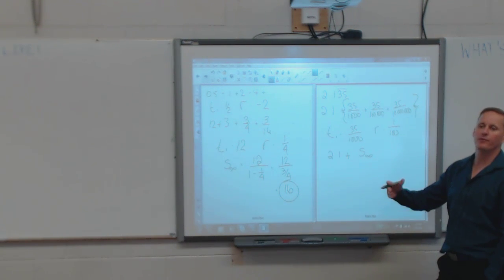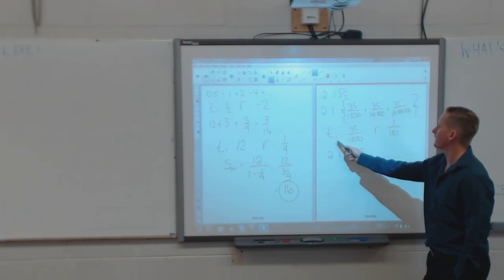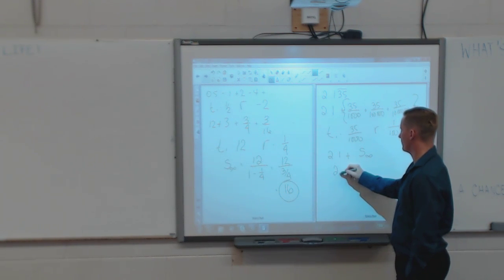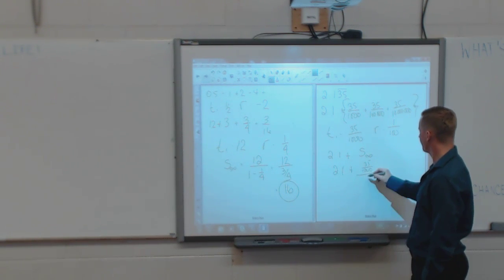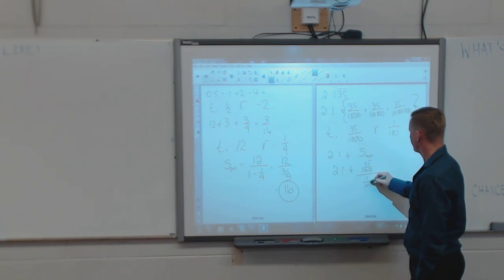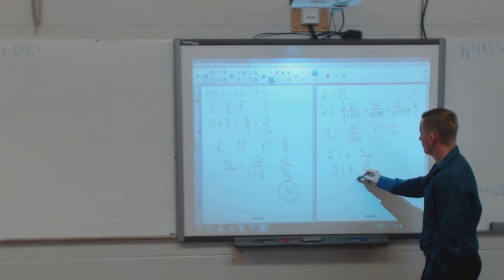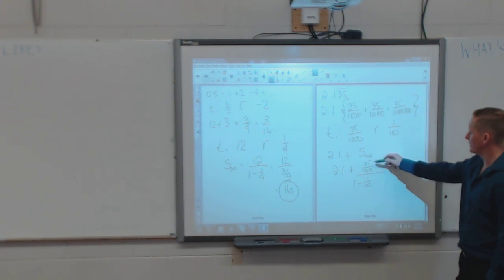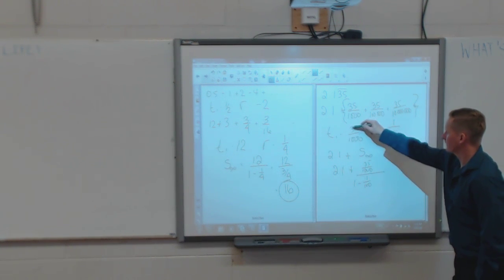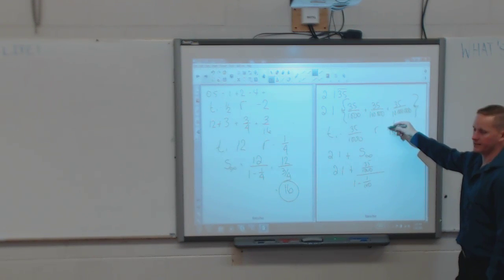So what they wanted to do is find out what the exact value is that this is going to converge on. So I've got 2.1, add my t to the 1, which is 35 over 1,000, over 1 minus 1 over 100. Right? Okay, so t to the 1 is this guy, over 1 minus this.